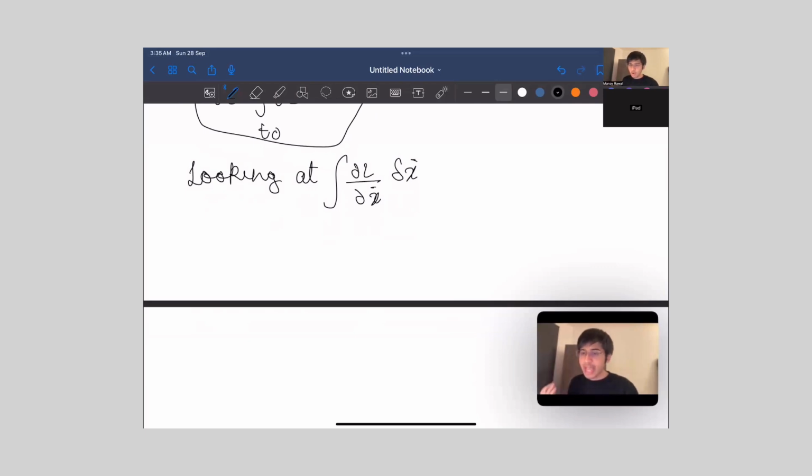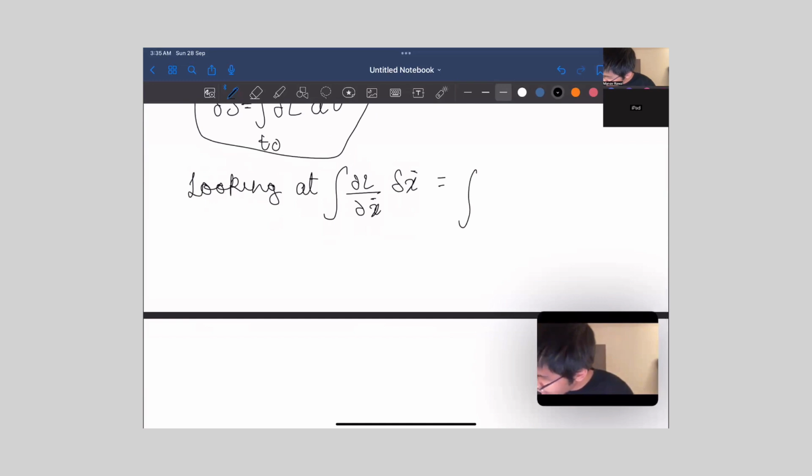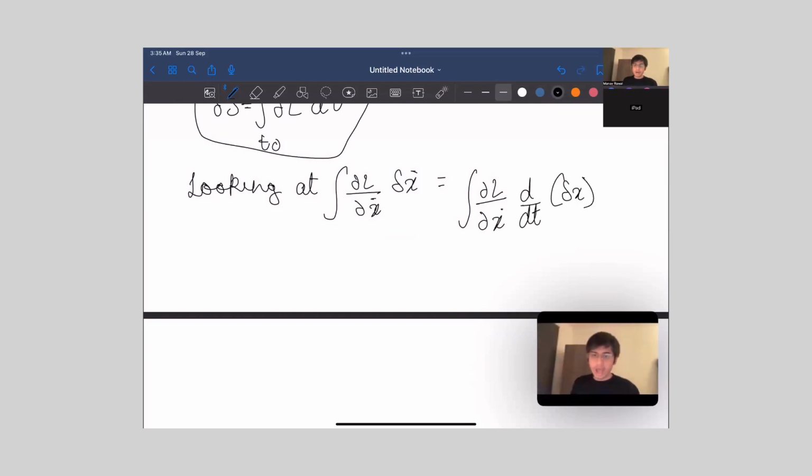See, at the end, we want Newton's second law. So we're trying to work our way to Newton's second law from the action. So what looks like this? I can say this is nothing but d by dt of delta x, because I had delta x dot, which was the time derivative of delta x.